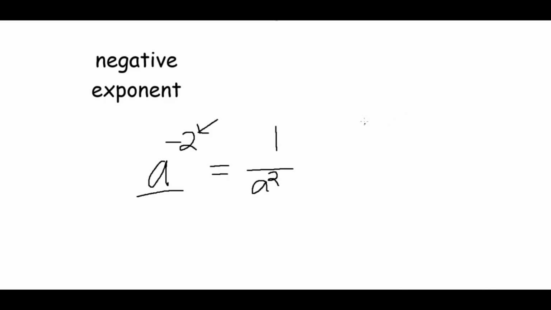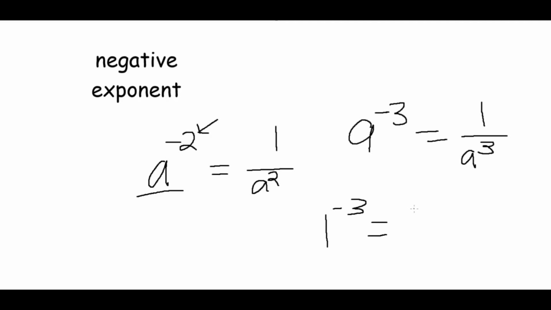So whenever we have a negative exponent, we're essentially turning it into a fraction. So we have a to the power of negative 3; we'll put it as 1 over a cubed. Now, what if it's 1 to the power of negative 3? It'll be the same thing: 1 over 1 to the power of 3.